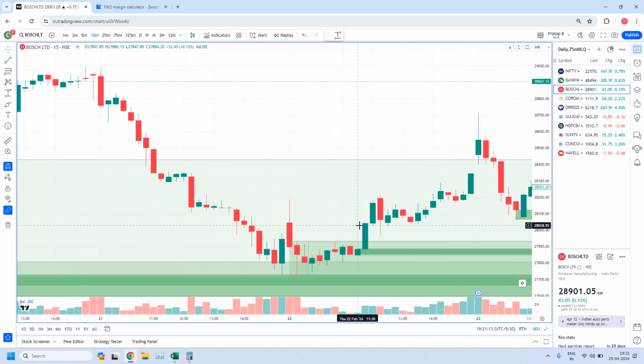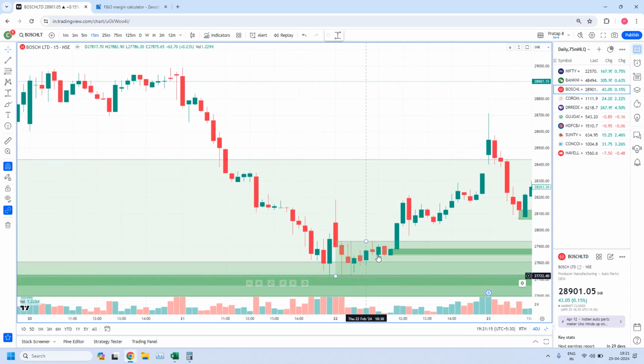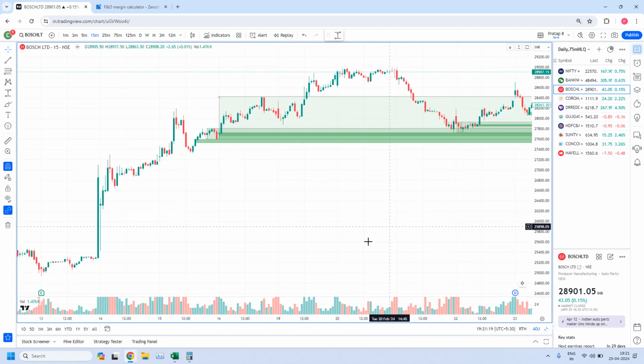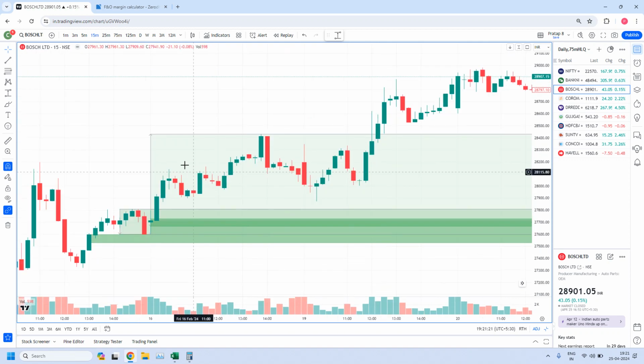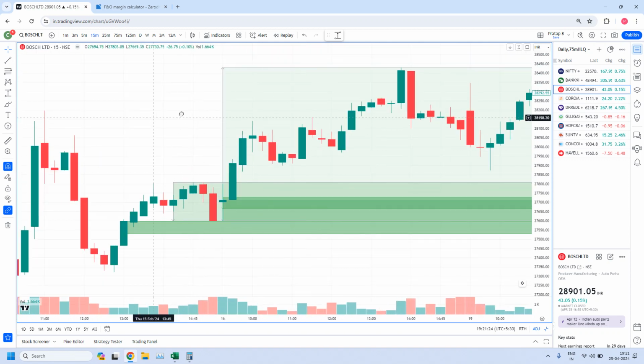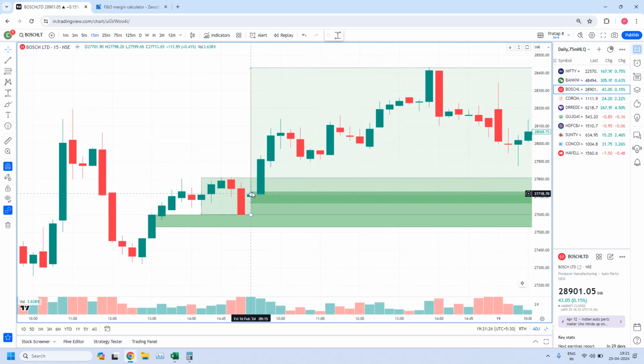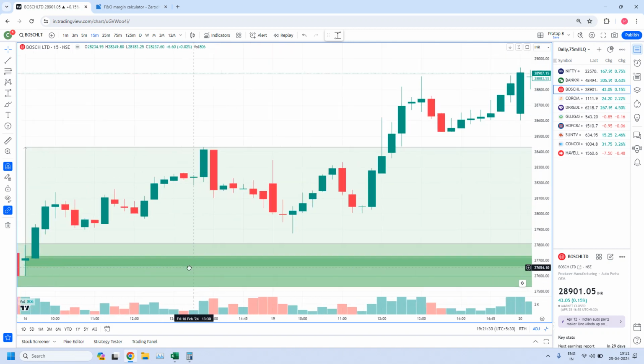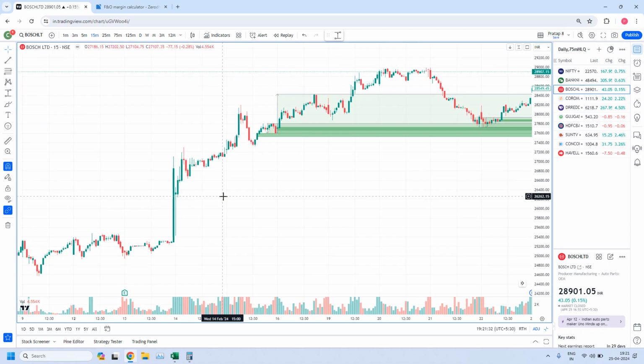And in this fine-tuned area, LOTL 75 minute zone, we have a drop, base, rally. And in this, again we have a drop, base, rally. This is the 15 minute fine-tuned area. So we have identified 3 15-minute fine-tuned areas.